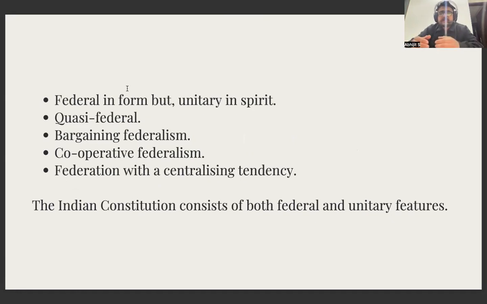Some have said that it is cooperative federalism. Some have said that it is a federation with a centralizing tendency. Therefore, the Indian Constitution consists of both federal and unitary features, but there is a slant towards these unitary features.